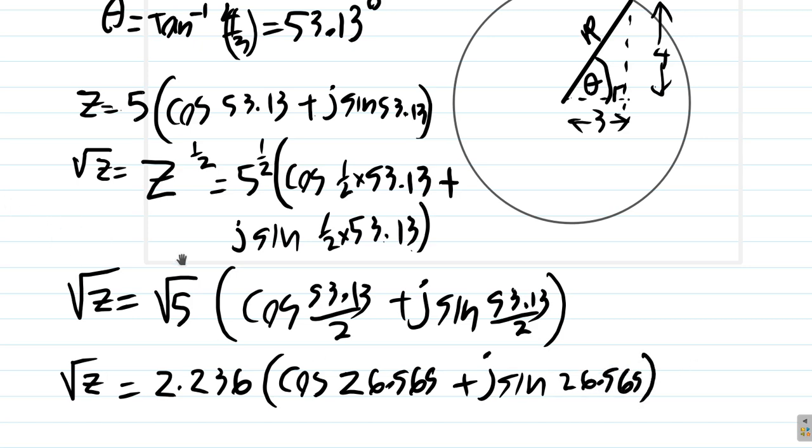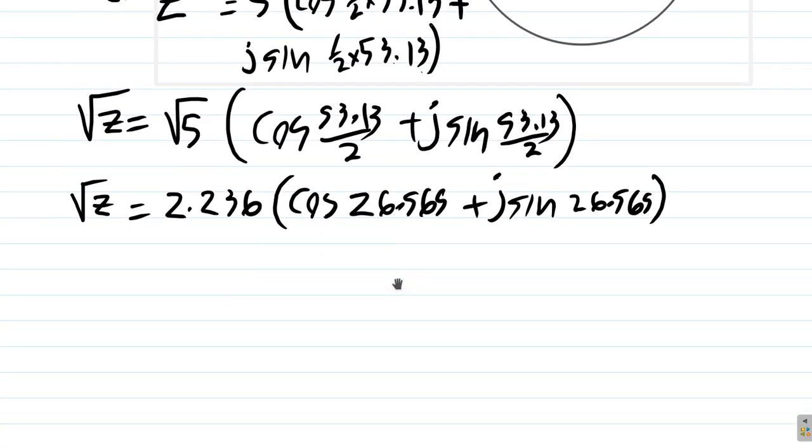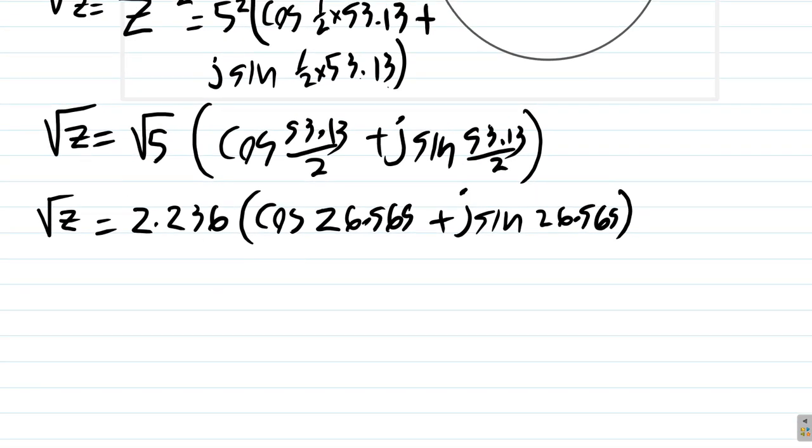Alright? Now remember, we're finding the first square root here. The first square root would be just the square root itself. So that is the first square root. Now we can call the square root z1.